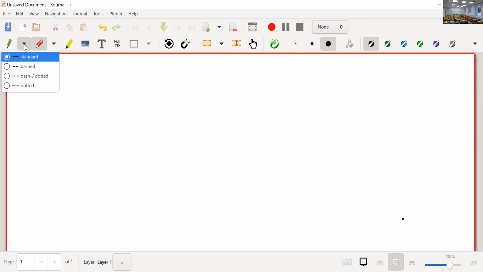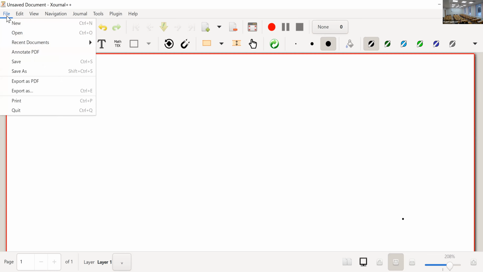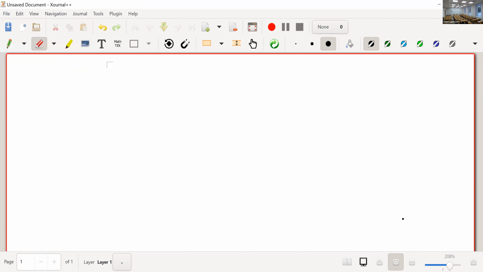Okay, standard, yes. Let's give it a try and see whether or not we fare any better with this one. By the way, save as, export as PDF. Okay, let's give it a try.